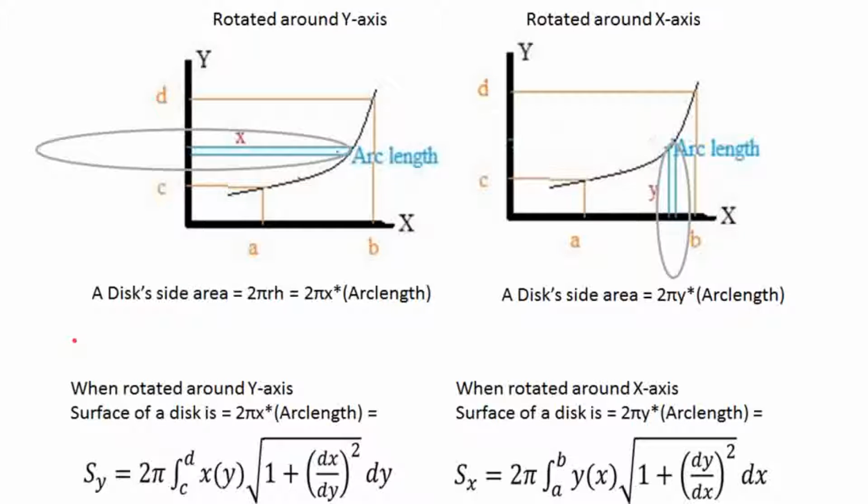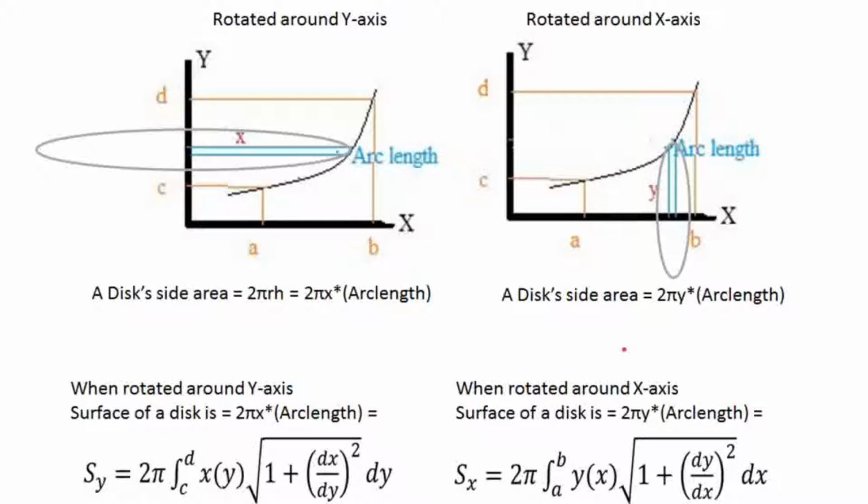So we can rewrite our formula as S equals 2 pi integral from c to d of x times the square root of 1 plus dx over dy squared dy. Also like this one, when we rotate this sigma, the r becomes y, and the height is also the arc length.